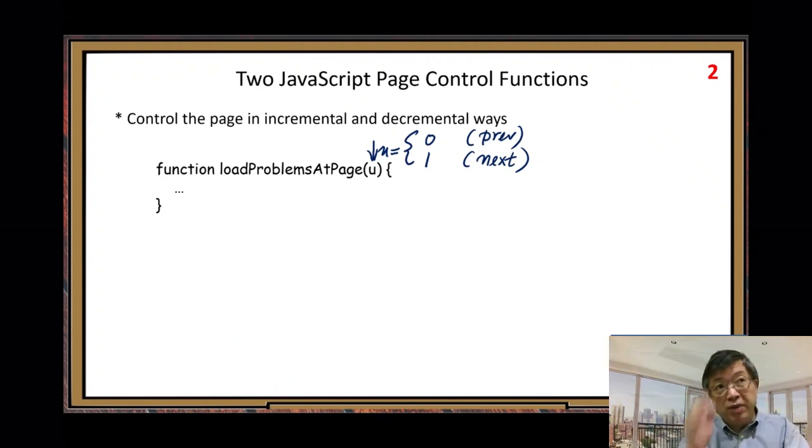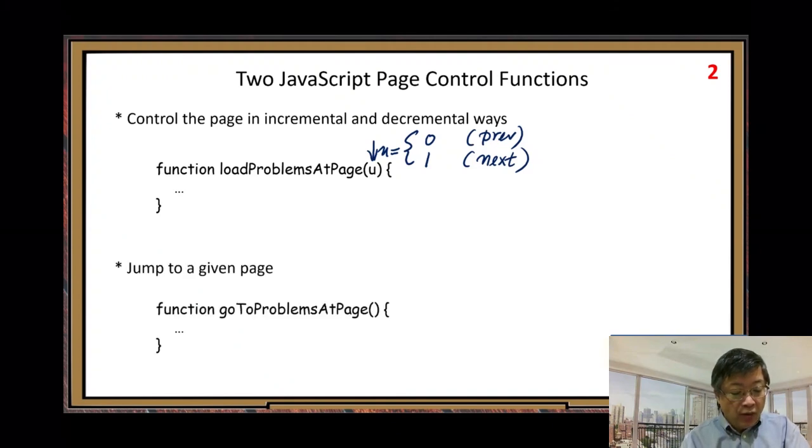The second function, page jump function. This time we do not need a parameter. Although you can pass the parameter to this function directly, there is another way.